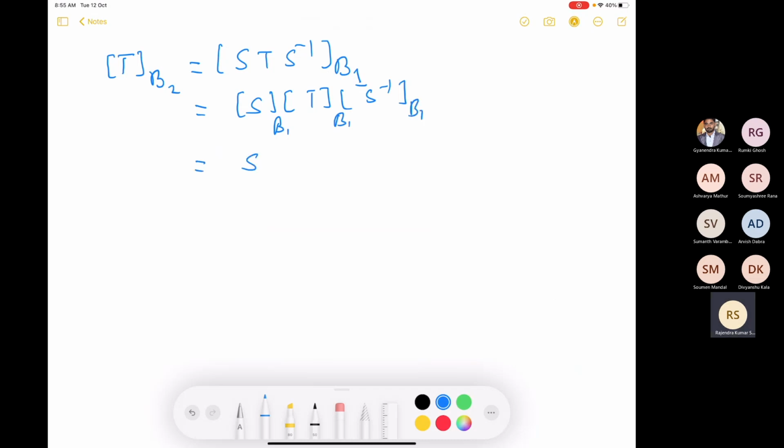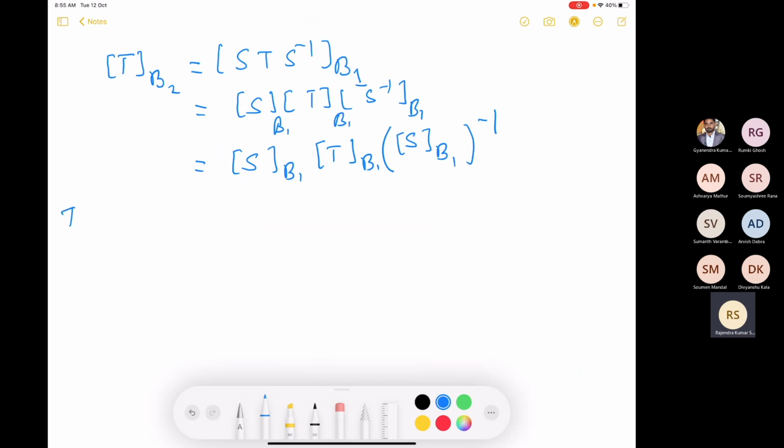We also see that this is the matrix of T with respect to B1, and this is the same as the matrix of S with respect to B1, inverse.